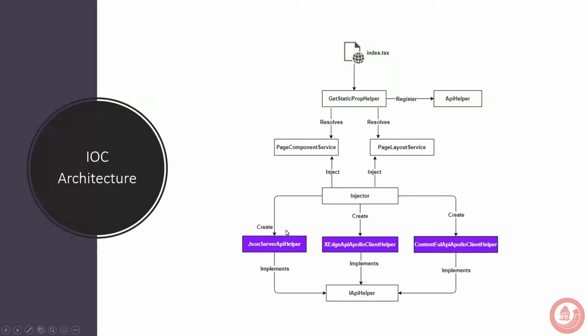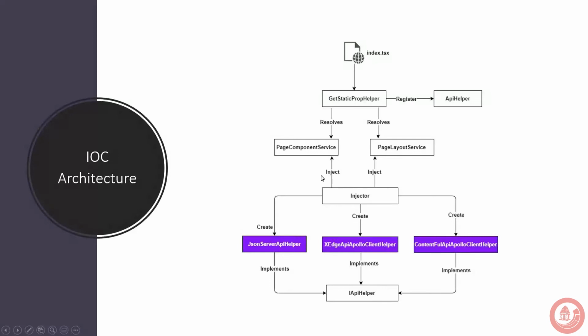And once we have those implementations, since this is all front-end code, this is Nextjs and basically running JavaScript and TypeScript, we need a dependency injection framework, which is an implementation of IoC.